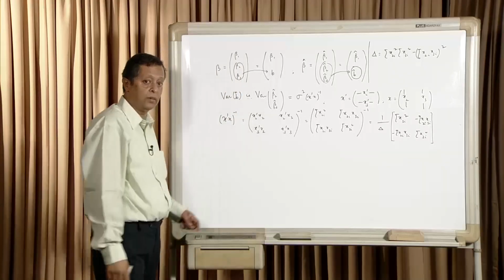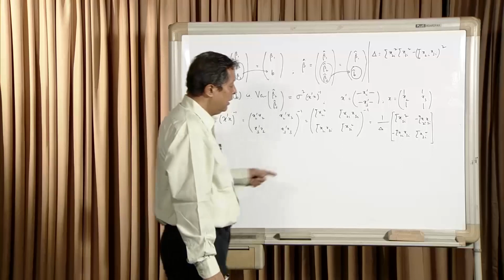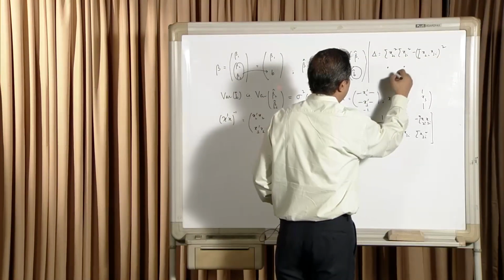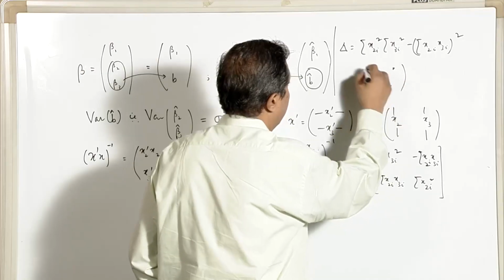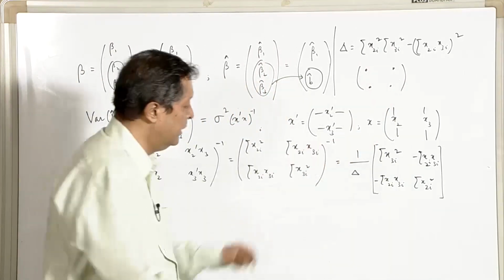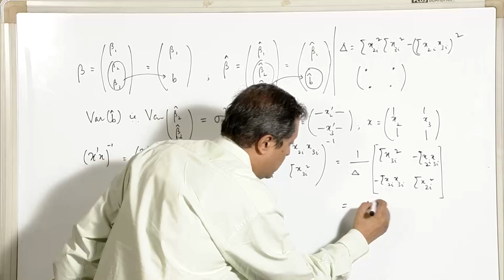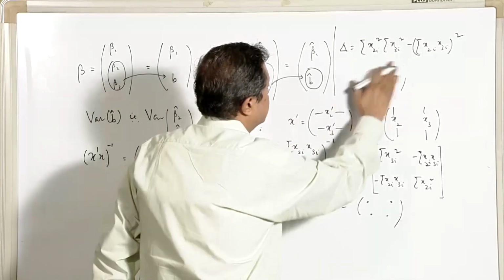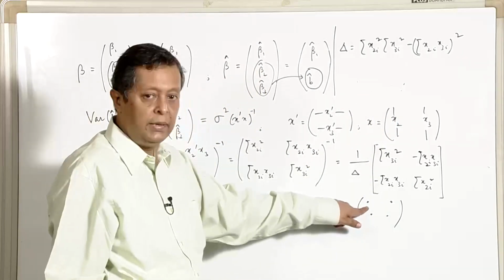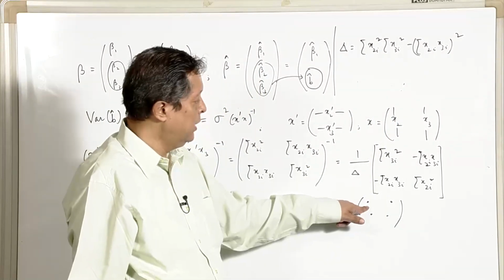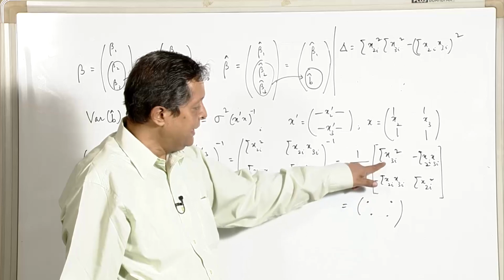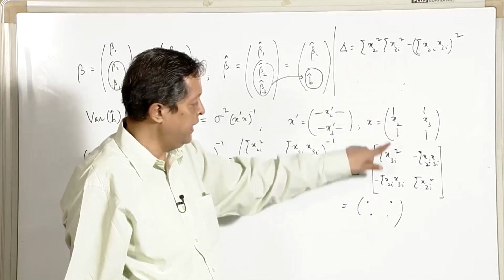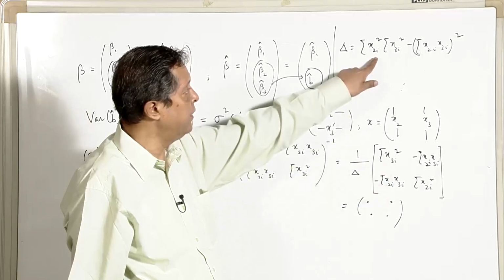And as already explained, the result will be a 2 by 2 matrix. This whole thing will be given by a 2 by 2 matrix. The first term will be the variance of beta 2 hat. So, what is the variance of beta 2 hat? Summation x3i square divided by delta.